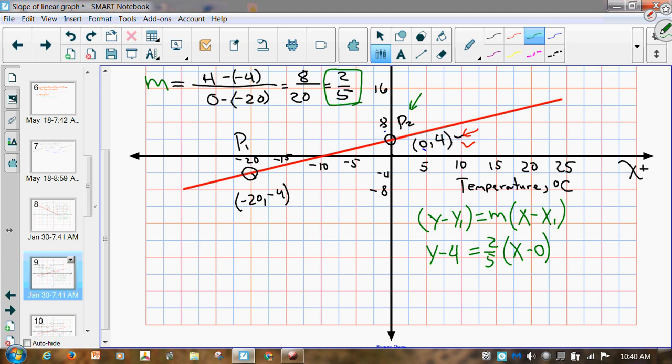And so then all we have to do is add 4 to both sides of the equation, and we will get y equals 2/5 x plus 4. That's our equation.